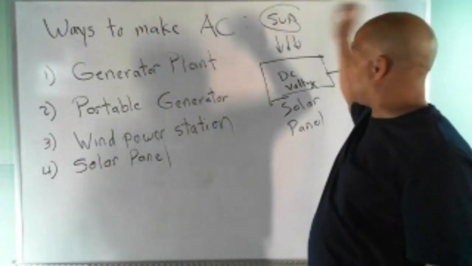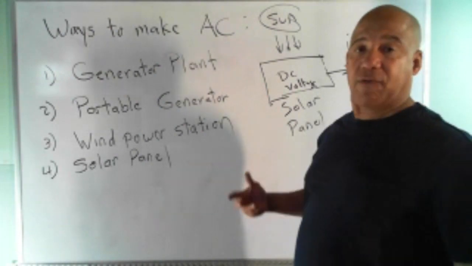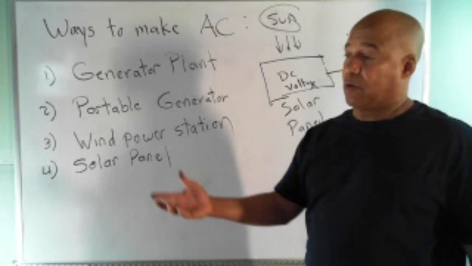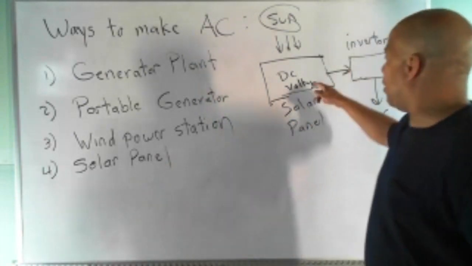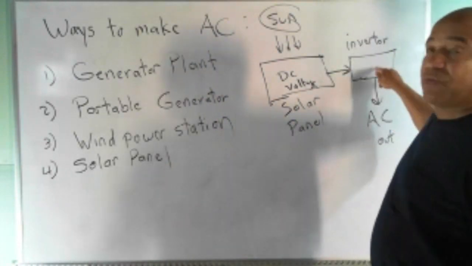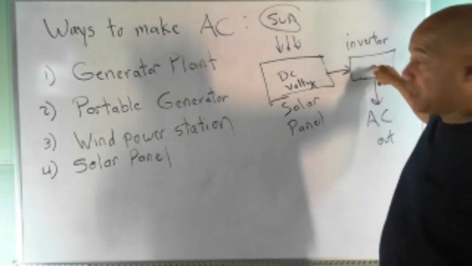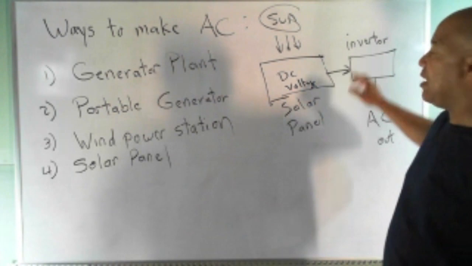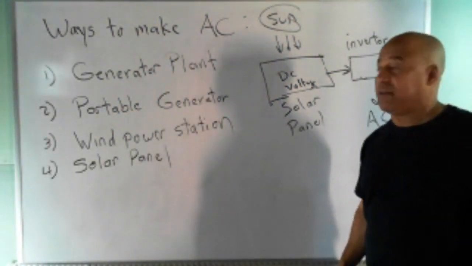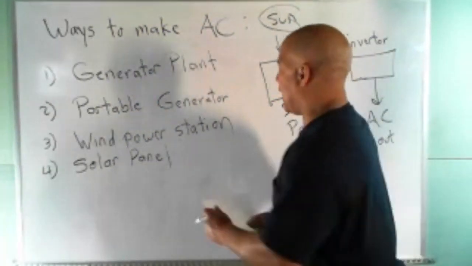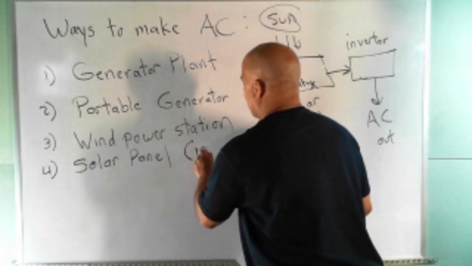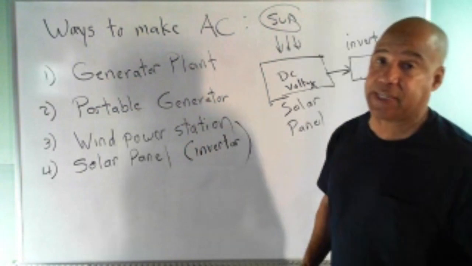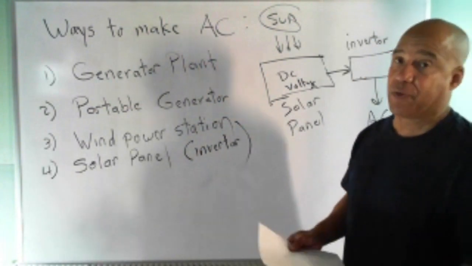Well, all that energy collected is put out in the form of DC. In your house, it's got to be AC. Your wall outlet requires AC. So on the solar panel for your house, you got to have this inverter to convert the DC to AC. That's not an easy process to do, but these inverters are pretty efficient. So I can do it with a solar panel as long as I have an inverter, because I want you to know that a solar panel by itself can only put out DC. It cannot make AC directly.